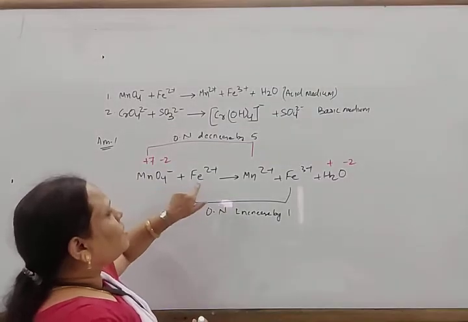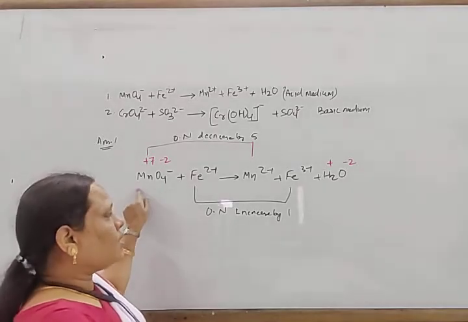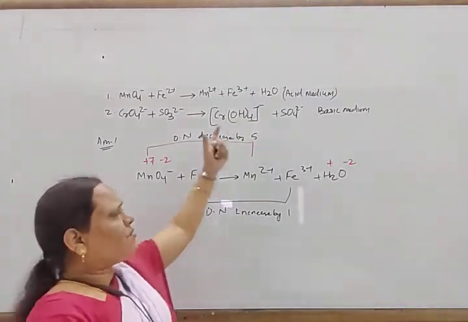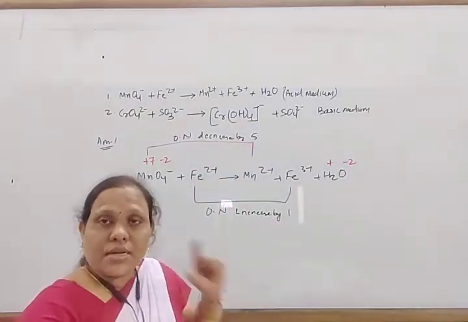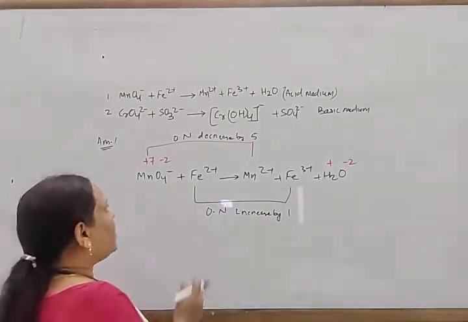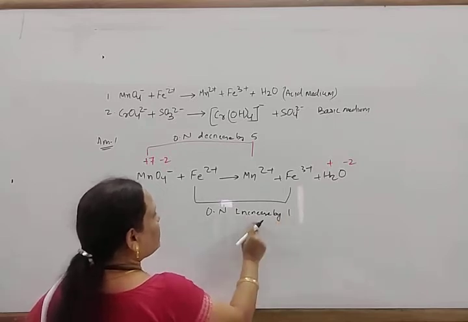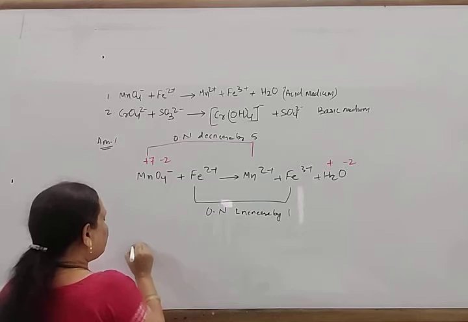So to this coefficient I have to multiply 1, and to this we have to multiply 5. Just find the LCM, then divide it by these numbers so that you get the appropriate number to multiply. This decreased by 5 and this increased by 1. In this way, to this I have to multiply by 5, and to this I have to multiply by 1.